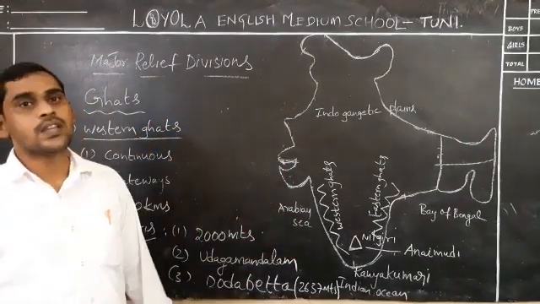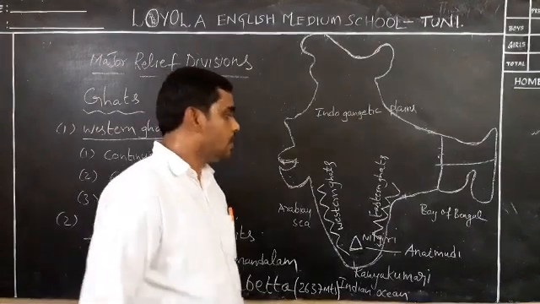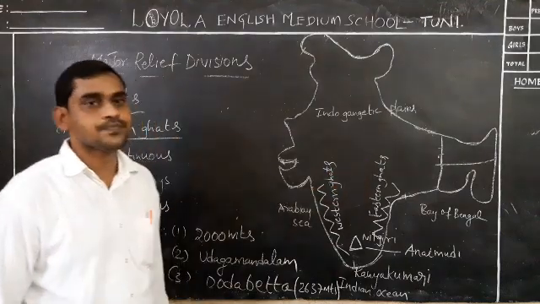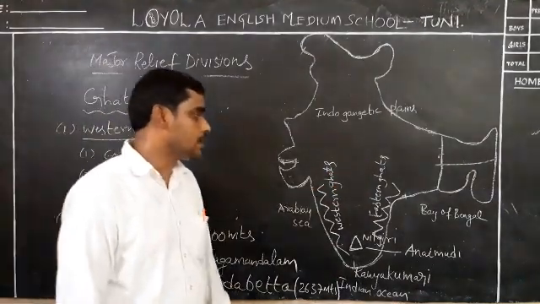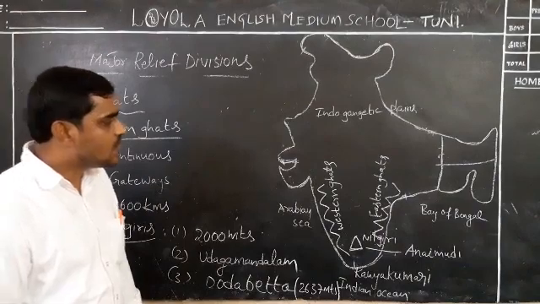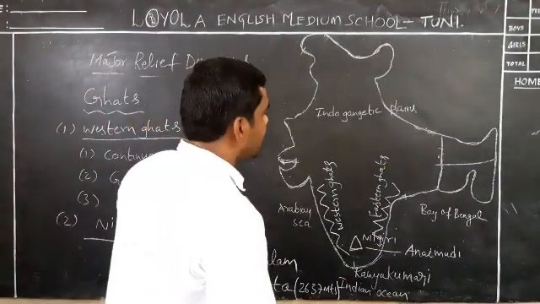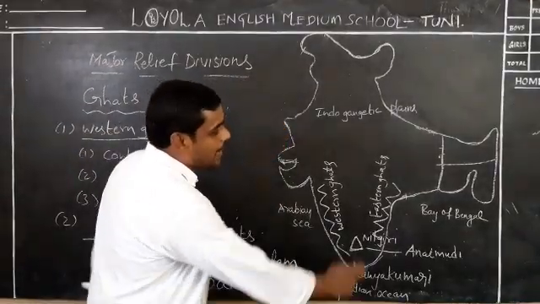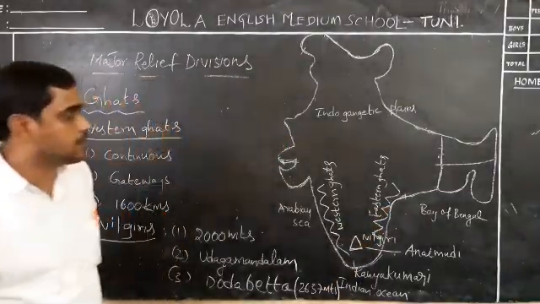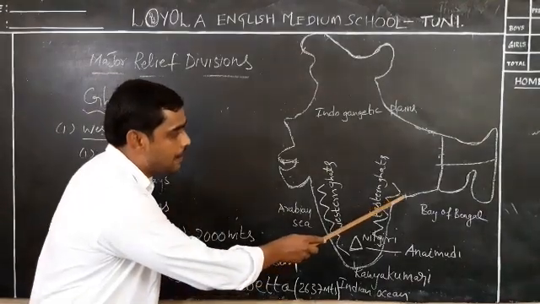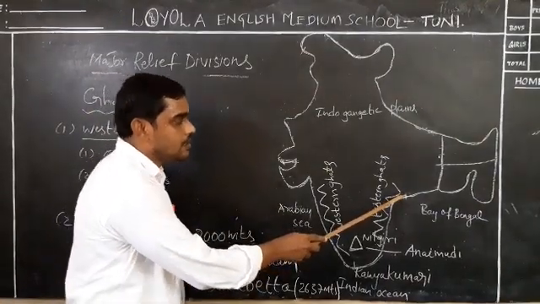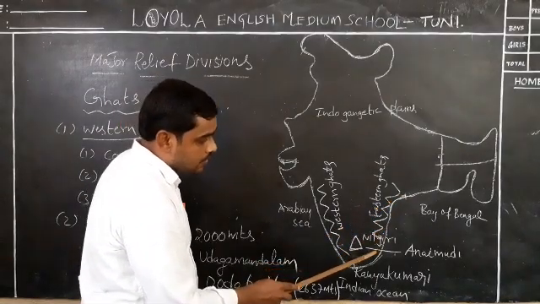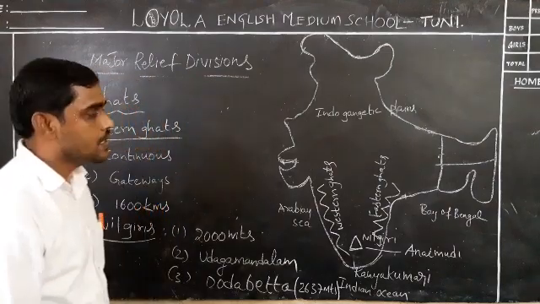This is about the Western Ghats. And the second one is the Eastern Ghats. Where are the Eastern Ghats located? The Eastern Ghats are located from Mahanadi Valley in the north, Odisha, to Nilgiri Hills in the south. Do you understand this?